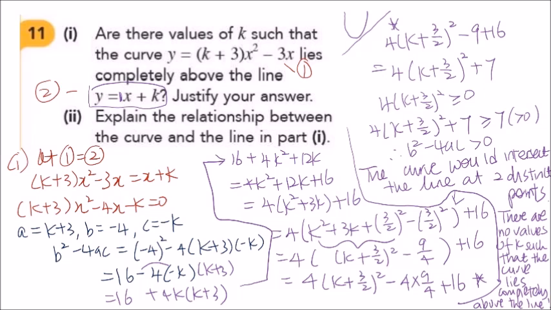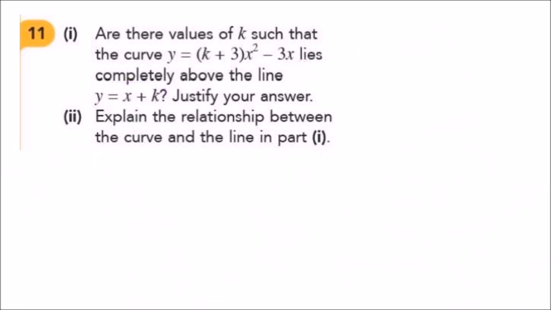Right, so for part 2, since we've already proved in part 1 that the curve and the line will intersect at 2 distinct points, right? So what is the relationship between the curve and the line in part 1? Yeah, we just explained it.